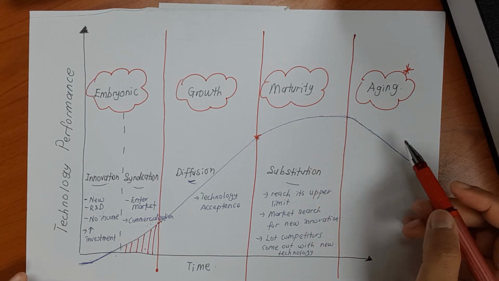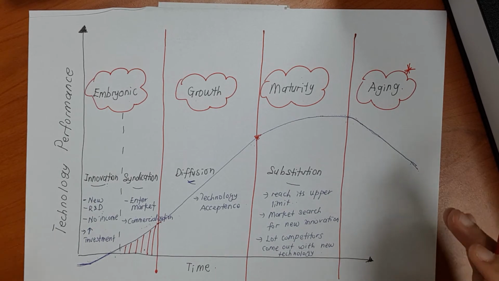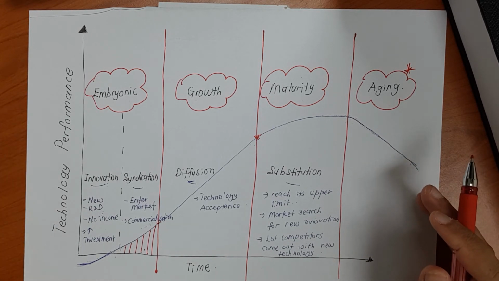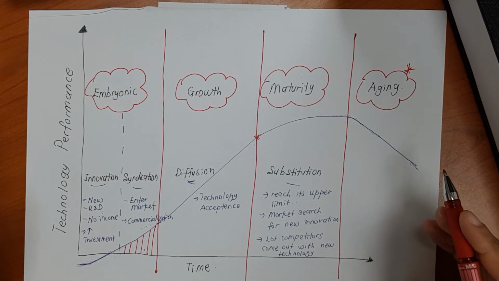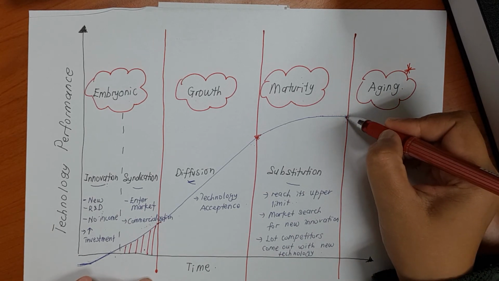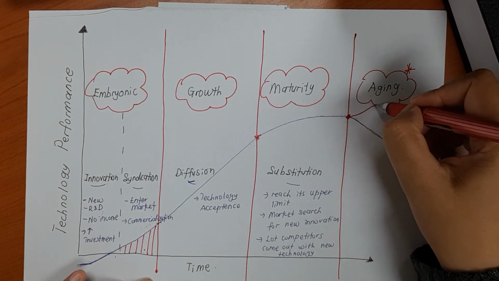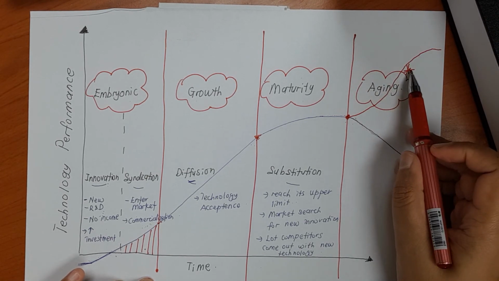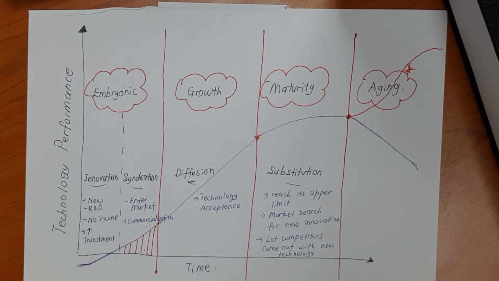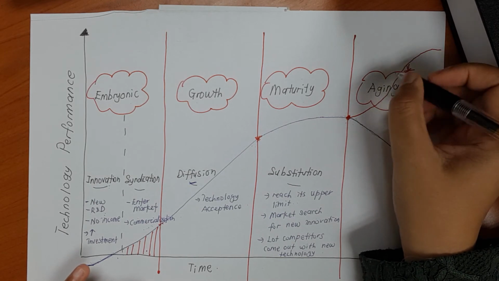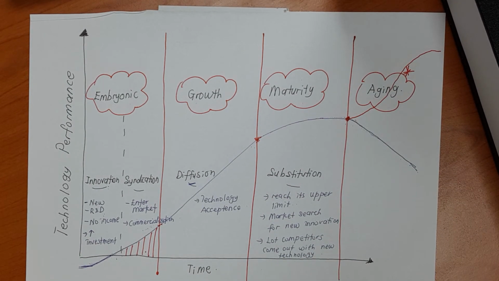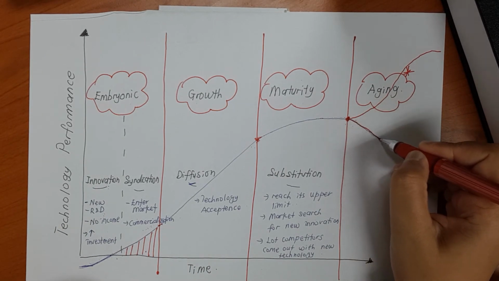So why is this technology life cycle important? Apple must come up with a new strategy so that they can prolong their life cycle, by coming up with a new version, iPhone 2. This also happened to Nokia. The best example is Nokia.